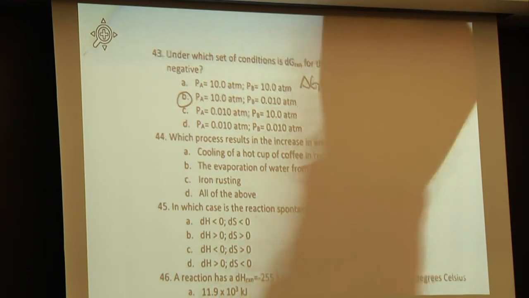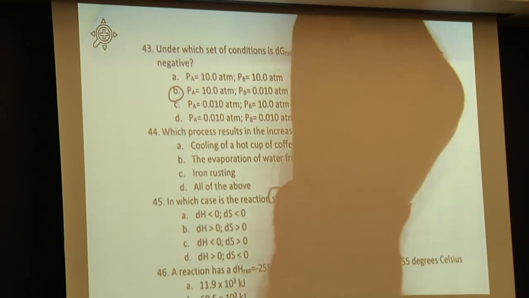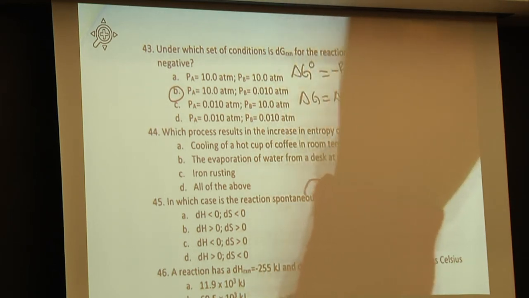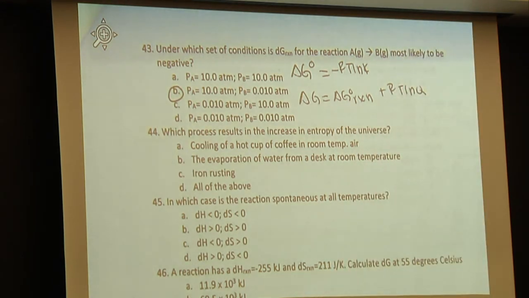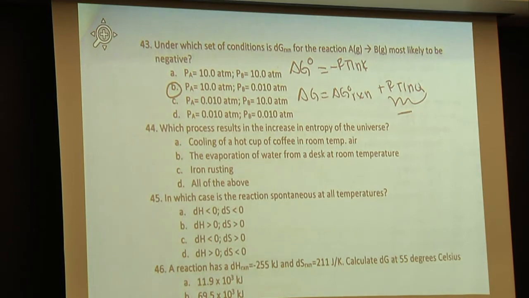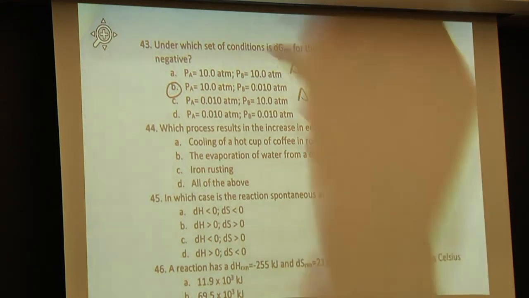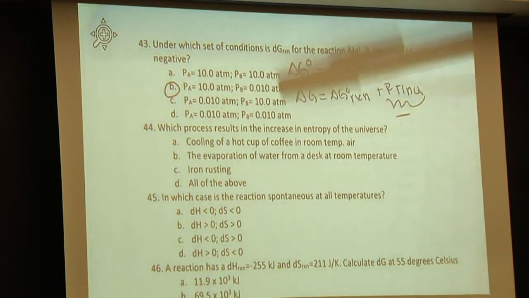You have delta G standard equals negative RT ln K. You also have delta G equals delta G standard plus RT ln Q. So we're trying to find how we can make this value negative. You can make it negative if your Q value is the smallest. You want to make that the smallest it can be. So with B, that's how you would do it.